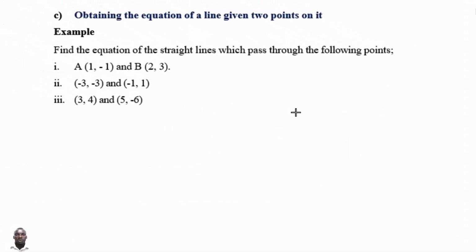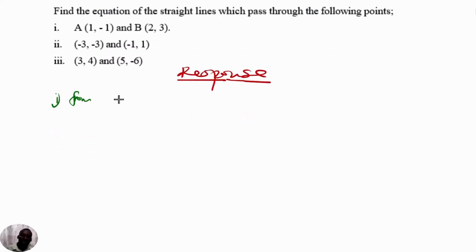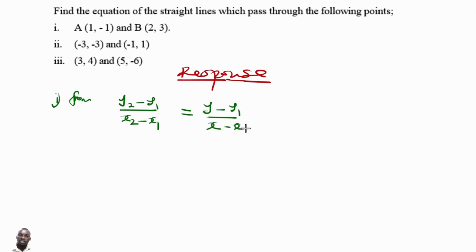Let us now have our new subheading, obtaining the equation of a line given 2 points on it. So in here, we are going to use a certain formula. We are going to have the formula that from, this is Roman numeral 1, y2 minus y1 divided by x2 minus x1 equals y minus y1 divided by x minus x1.